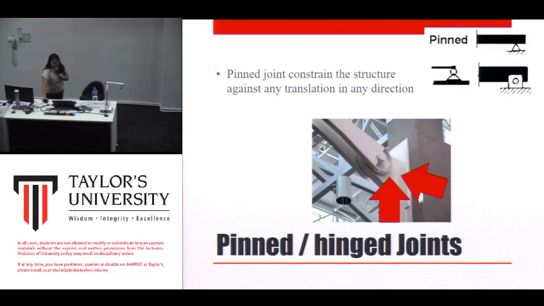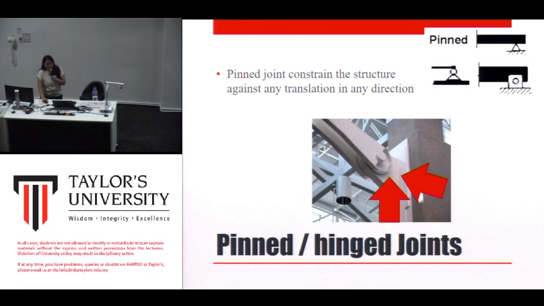So next one is pin joint. A pin joint constrains the structure against any translation in any direction, meaning it doesn't allow any movement in X and Y direction. It cannot move left and right, it cannot move up and down. So when it cannot move left and right or up and down, there is restraint. So the reaction force will be in 2 directions, horizontal and vertical. Okay? Horizontal and vertical direction.